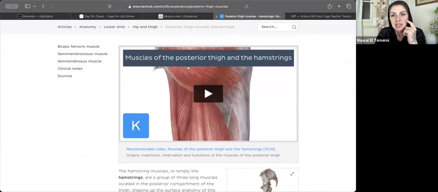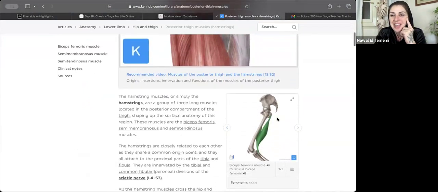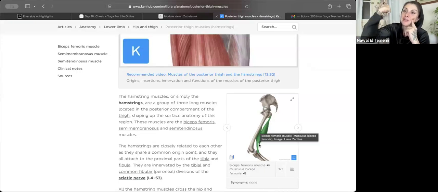So in this picture here, it's a nicely rounded glute. And if we look at the shape behind the muscle, it's another bicep muscle actually. If we think of our arm bicep, it's the same.